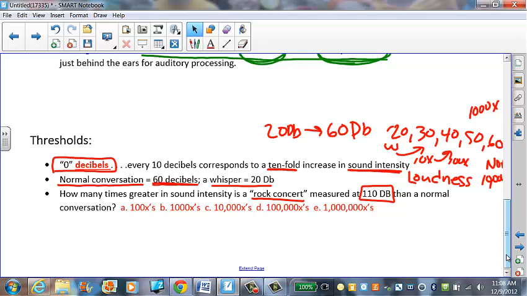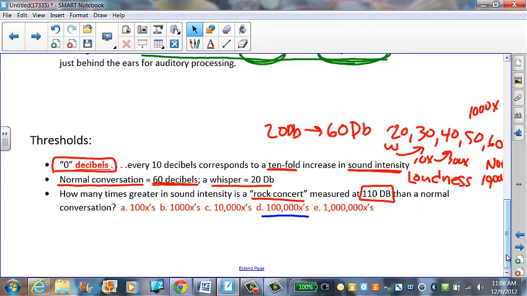You can go over it with a neighbor. Okay. The correct answer there is about 100,000 times greater than a normal conversation.